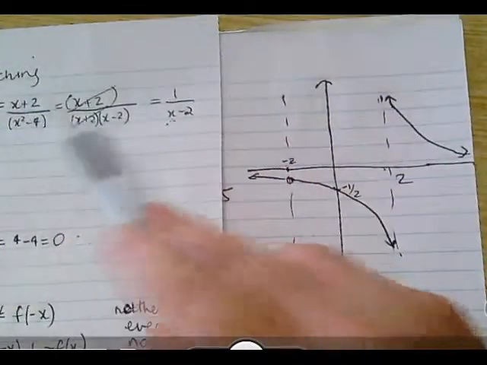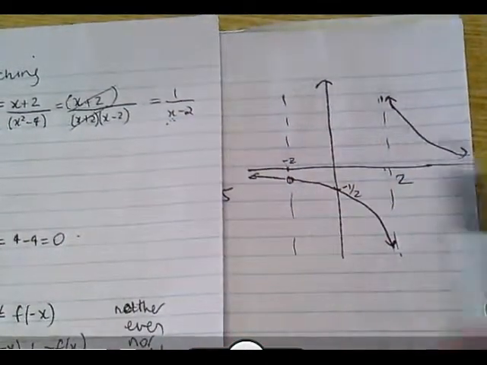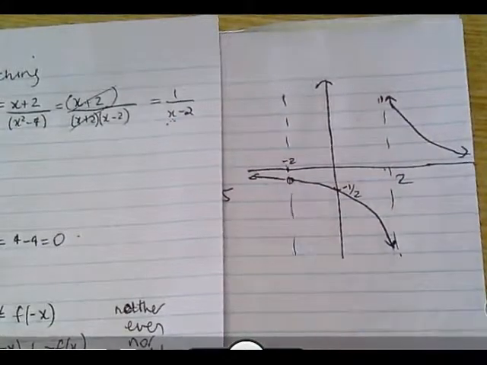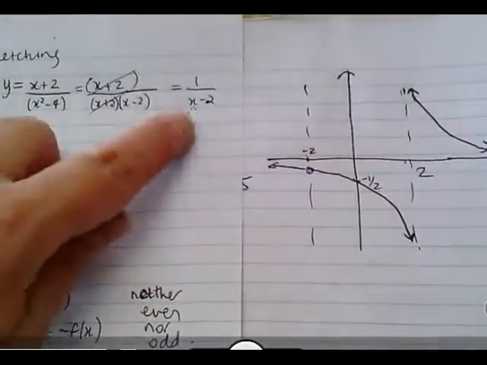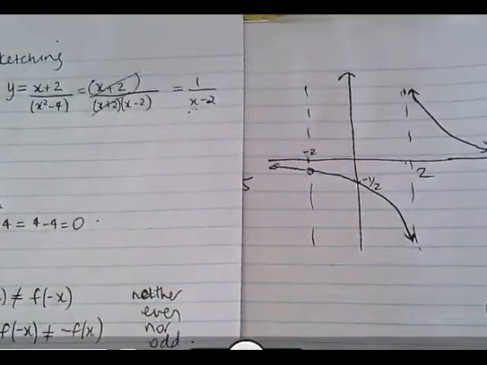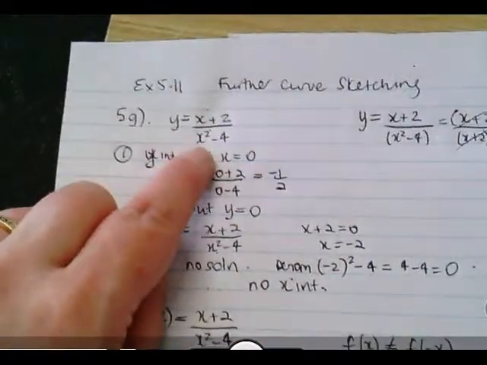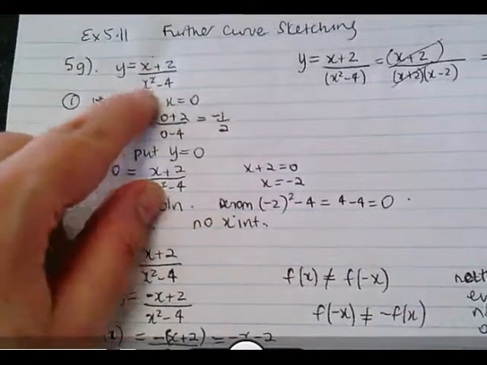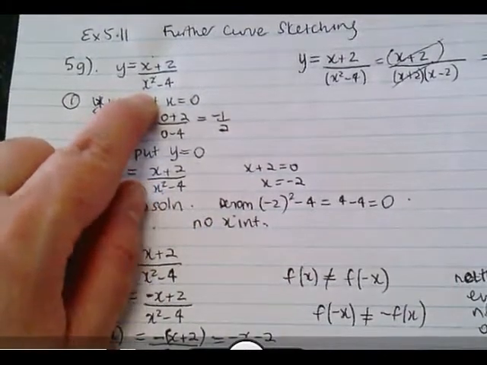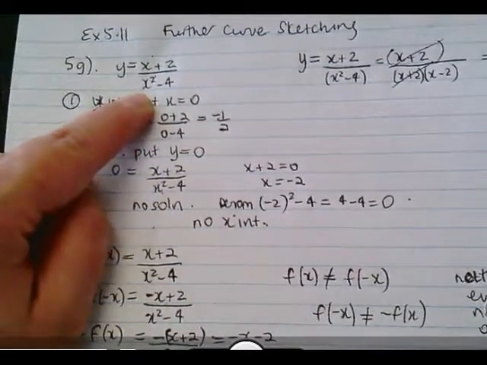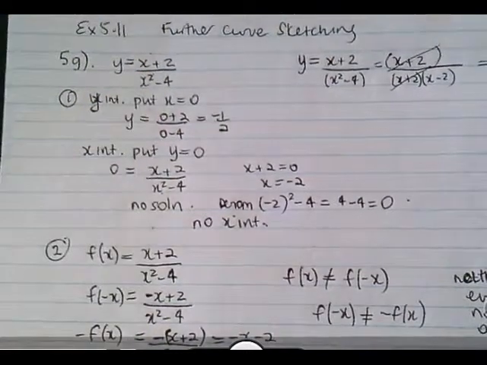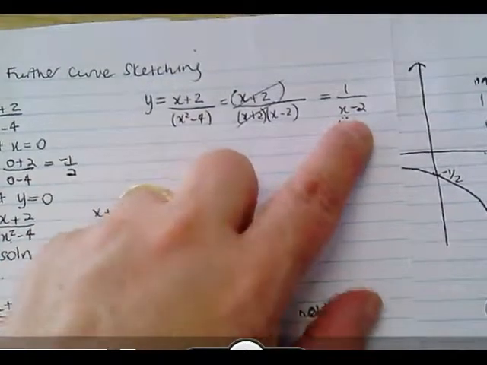If I said to you, sketch y equals 1 over x minus 2, you'd draw that without this hole. But because the function simplifies to that, that is the general shape, right? But because of this x plus 2 over x squared minus 4, we do have two discontinuities, one at 2 and one at -2. It just happens that the one at -2 is just a hole because this function factorizes to that. That's why that happens, all right?